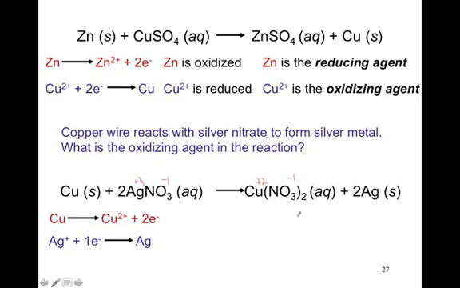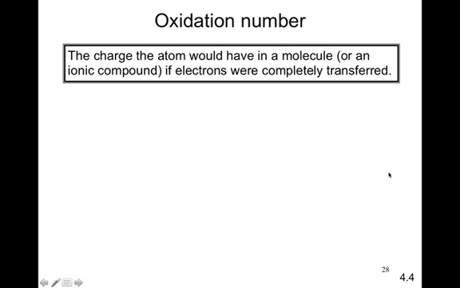And so then we're going to gain an electron to get silver to its +2, which is pretty stable for silver. So silver is reduced. So if silver is reduced, then it is the oxidizing agent, and we've answered that question. So we will practice more of those.